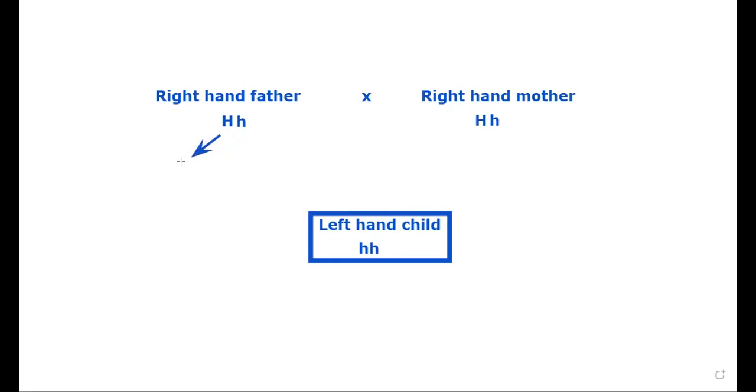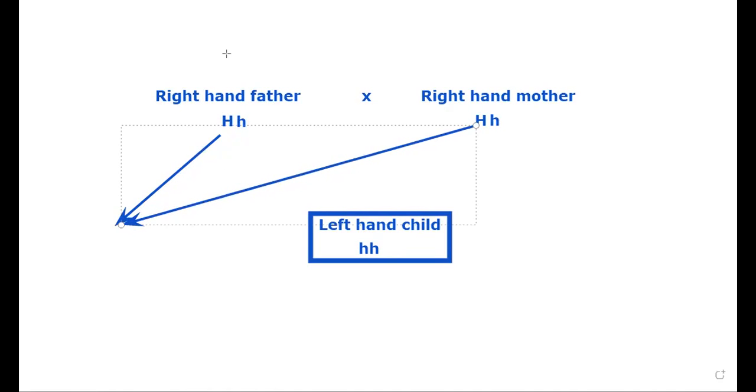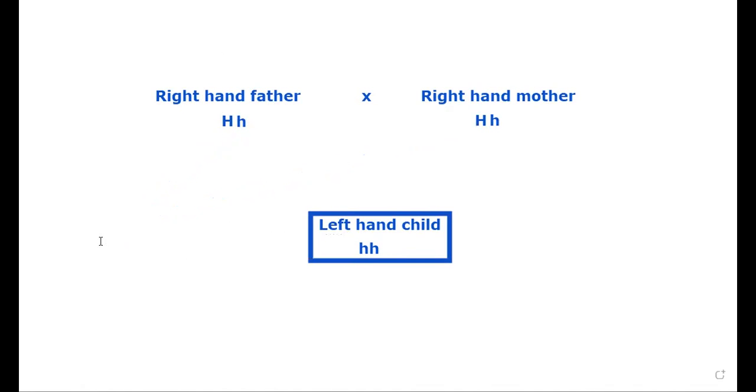Many children are born. This father can give capital H, and this mother also can give capital H. But only one they will give. They will not give both. That is the problem. Understood?